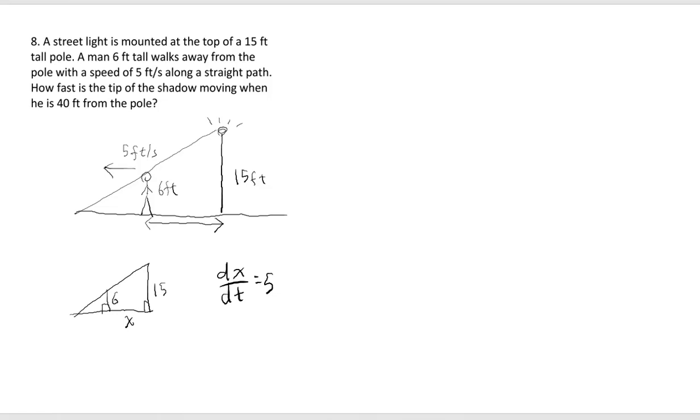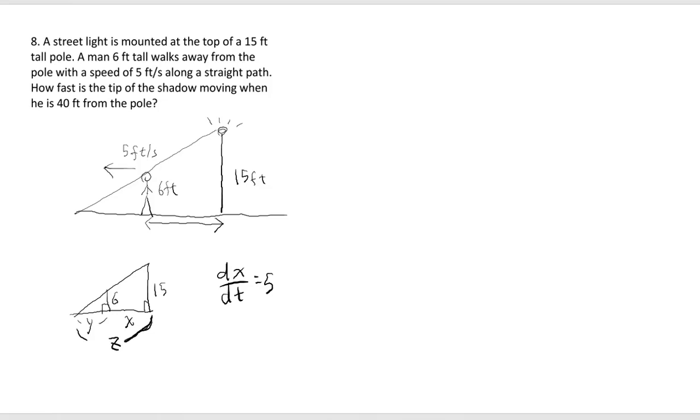Also, when he's moving, the length of the shadow changes. Actually, if he goes further away, the shadow will increase because he's further away, the angles change. And the length of the shadow is tracked by this y. Okay. However, when it's being asked how fast is the tip of the shadow moving when he is 40 feet from the pole, it's actually the distance from the pole that is changing.